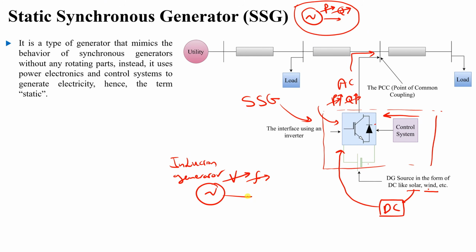So what we do is add a rectifier that takes this three-phase, variable voltage, variable frequency, and converts it into DC. However, to be more specific, we don't convert it into a battery source like this.